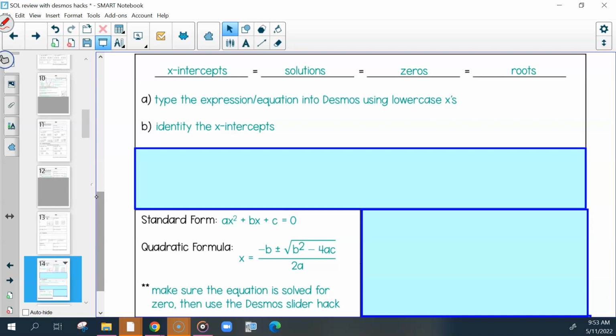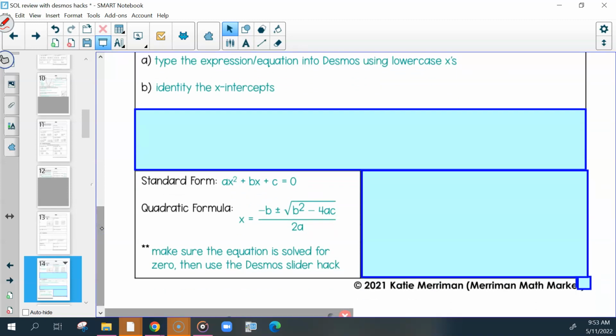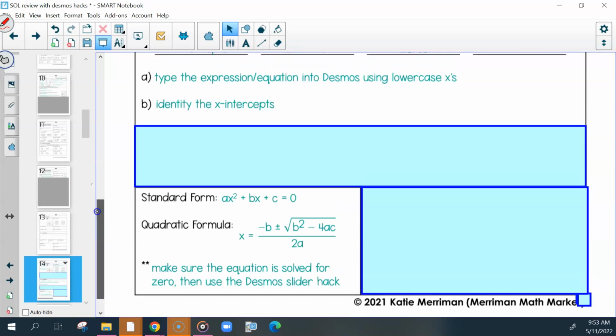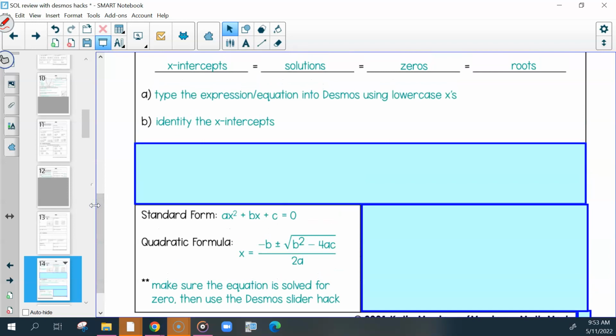And then at the bottom of this, I believe that you'll be given the quadratic formula. We have not talked about that in here. But this is another way to find solutions, zeros or roots.